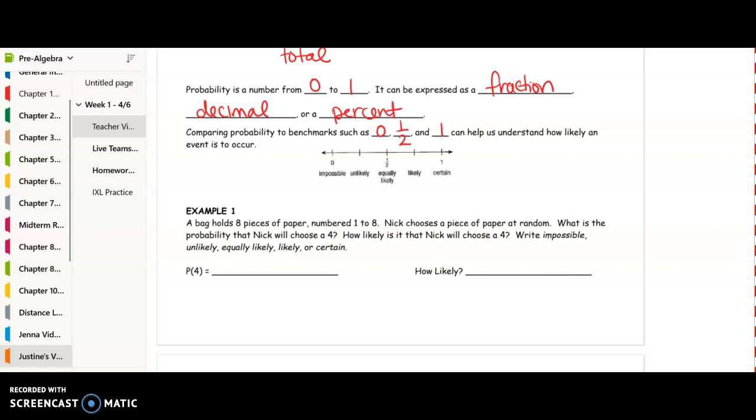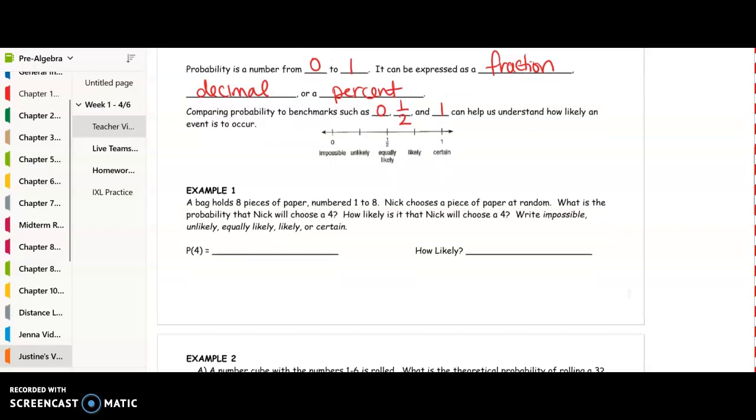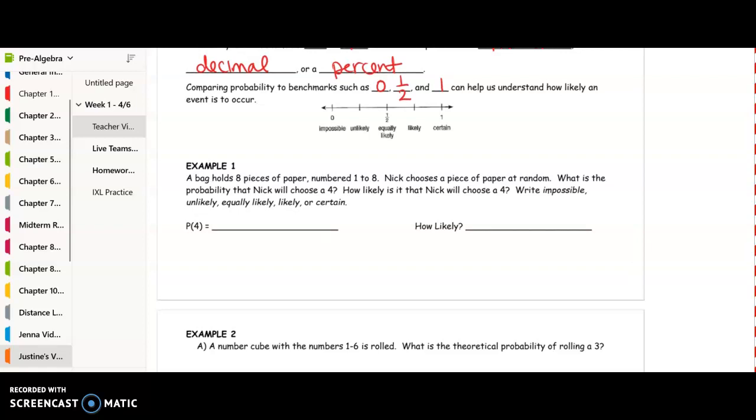Something that would be equally likely is a half. Impossible would be 0. If we look at this first example, it says a bag holds 8 pieces of paper numbered 1 to 8. First we're going to write out our sample space, so all the possible outcomes would be 1 through 8 here.